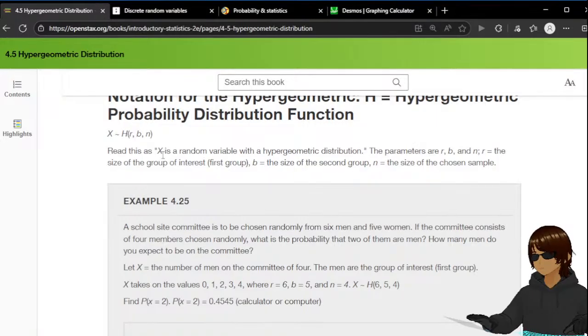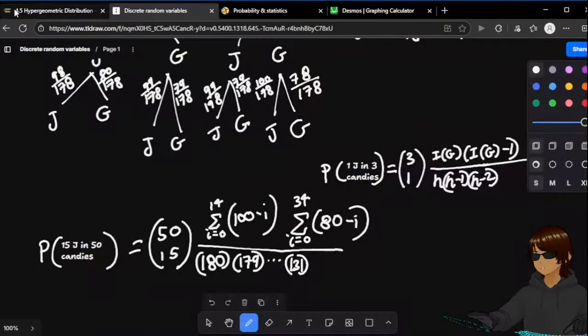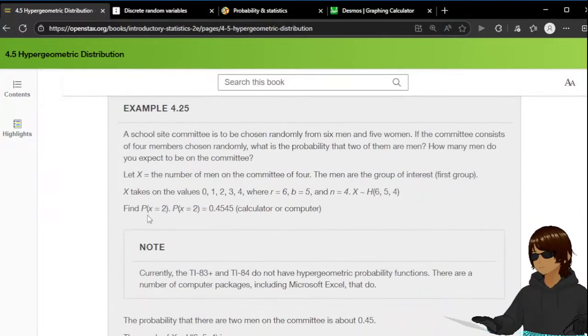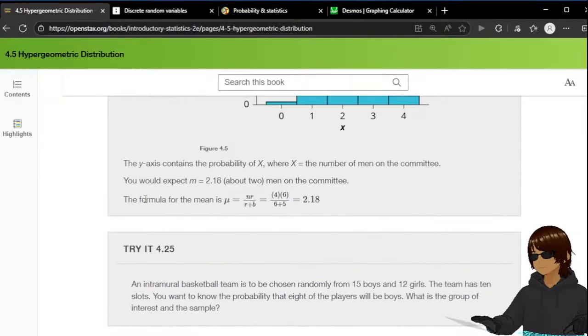B, size of the second group, 80, and then N, size of the chosen sample. In this case it was 50 candies. Formula for the mean is n r over r plus b.